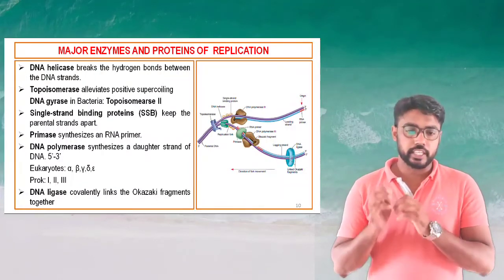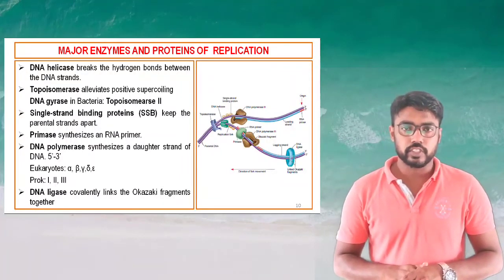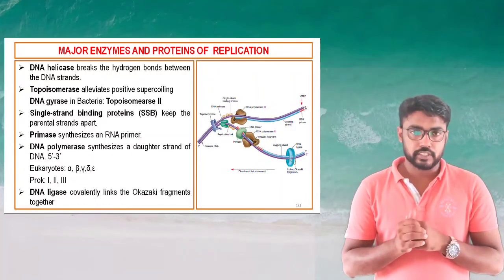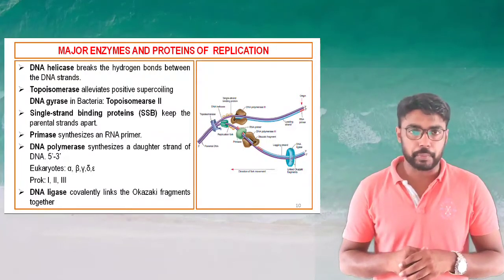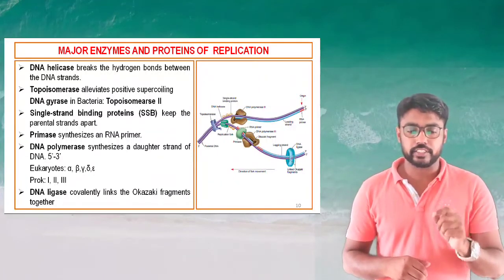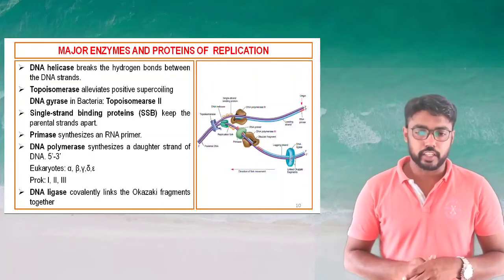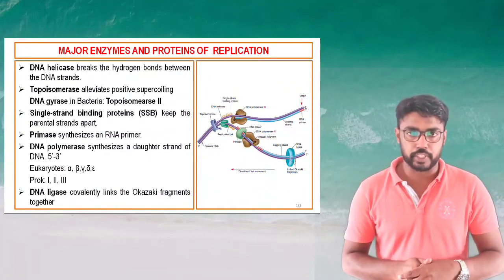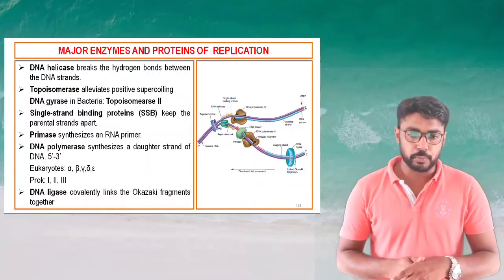DNA topoisomerase is present in eukaryotic cells, and another enzyme that performs the same function in bacteria is DNA gyrase. DNA gyrase functions like DNA topoisomerase 2 in eukaryotic cells, which removes positive supercoiling.